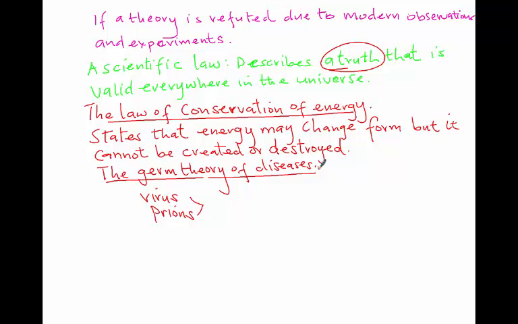But with the discovery of viruses and prions, these two do not fit the germ theory of diseases. Why don't they fit the theory?